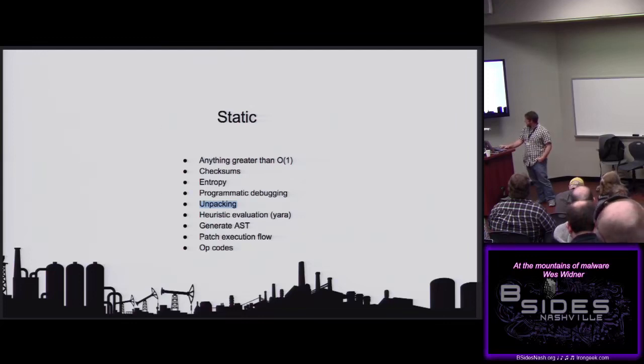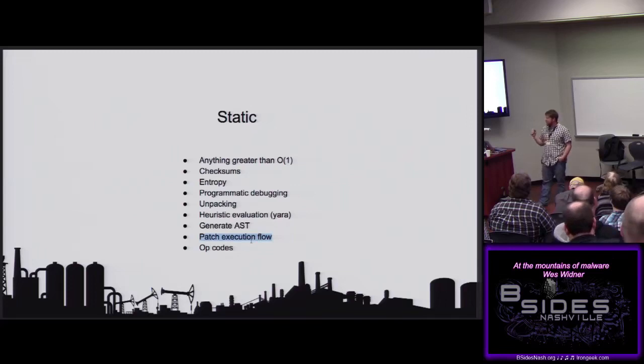The last one, which I find is some of the most fun, is actually patching the execution flow for malware. Most malware today will try to detect if you are running it in a sandbox environment and short-circuit itself and not run anymore.